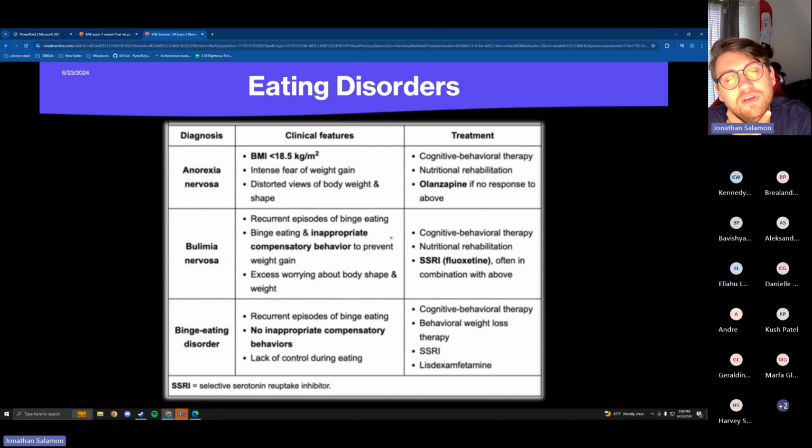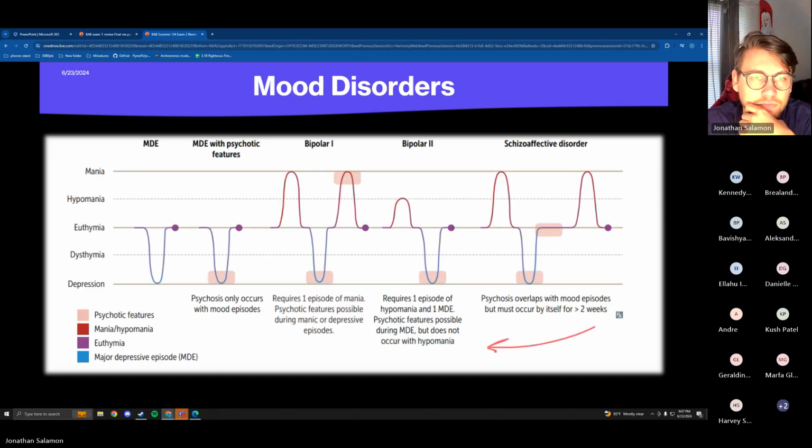You have to have inappropriate binge eating with some type of inappropriate compensation after for having eaten. You treat this with SSRIs like everything else. And then binge eating disorder is bulimia without any type of compensation. Then you treat with SSRIs.